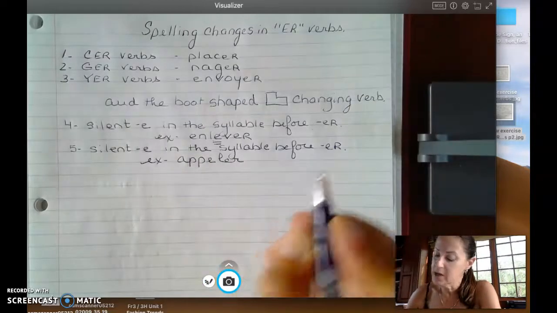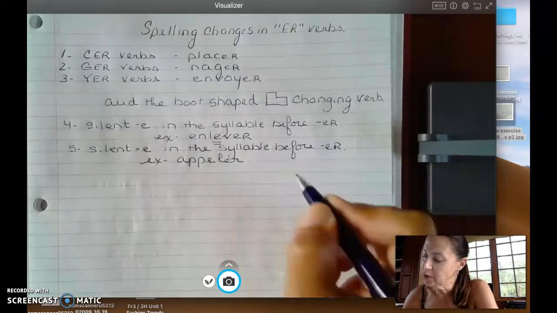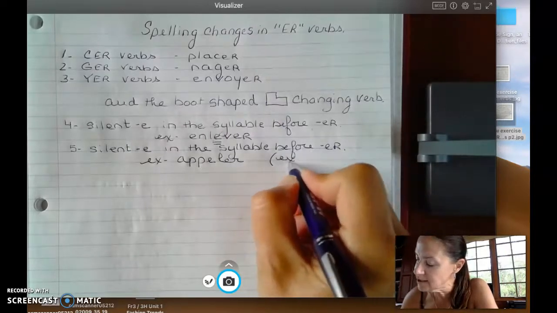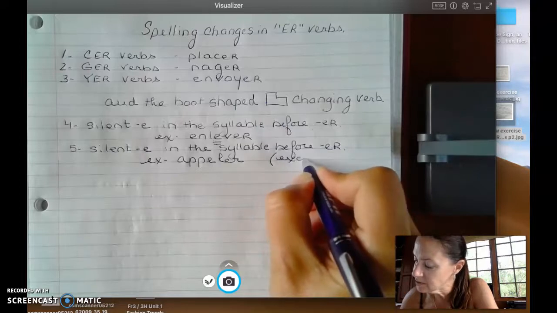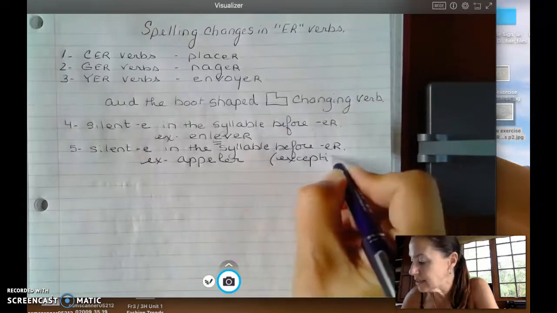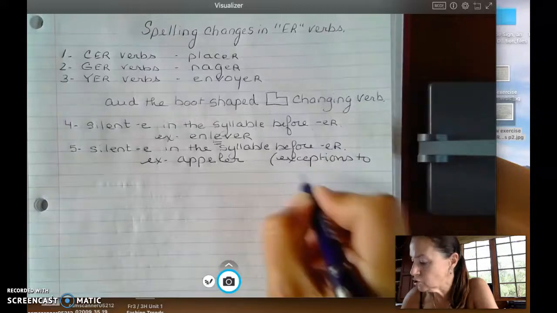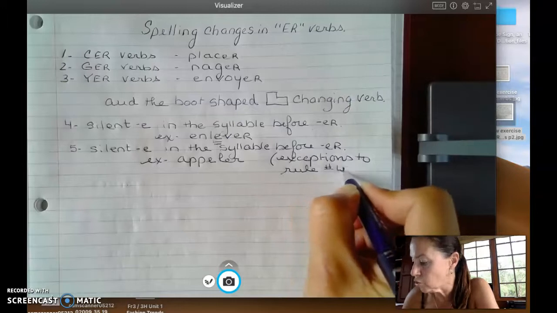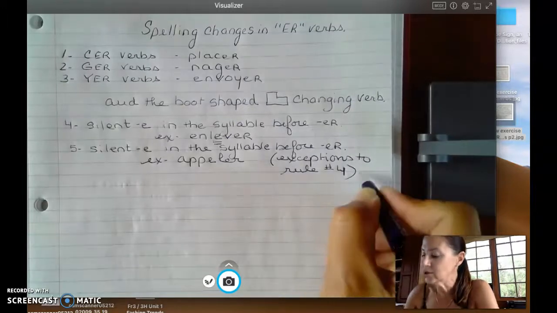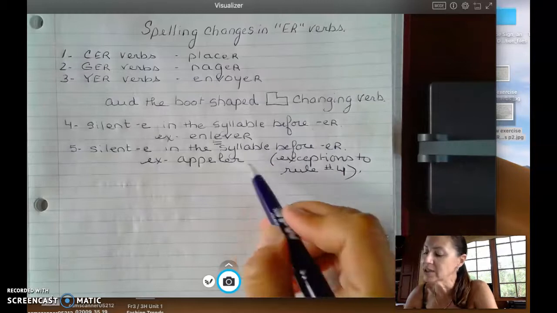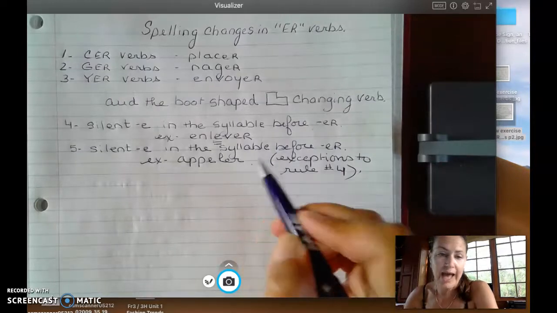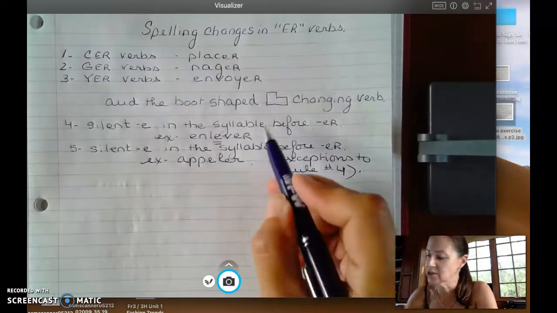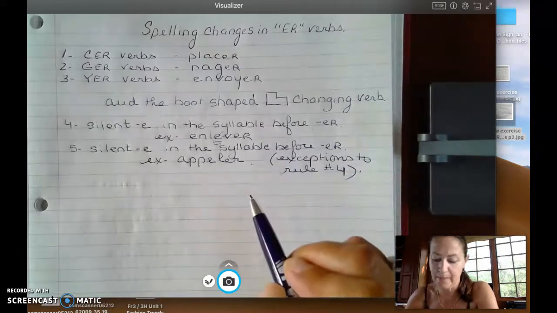Category number 5 is basically exceptions to rule number 4. I know it sounds confusing right now, I'm going to give you two, and you just have to remember those. They are the most common exceptions to this rule.